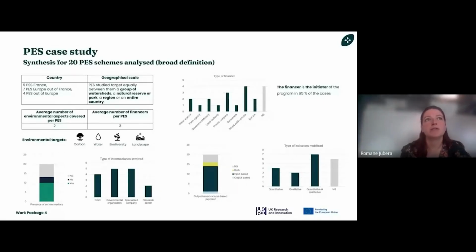In reality, there is a lot more public funding in PES and also a concentration of PES in France, for instance, in Europe. So this is not representative of the total PES schemes that can be found, but a selected portion that was on purpose very diversified.